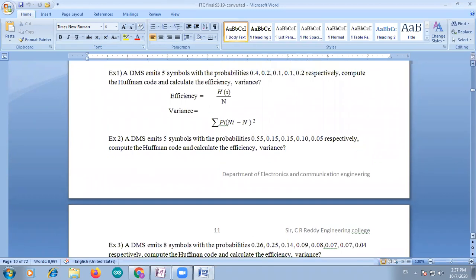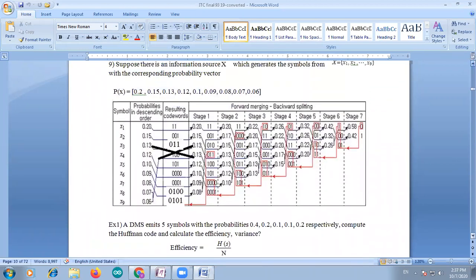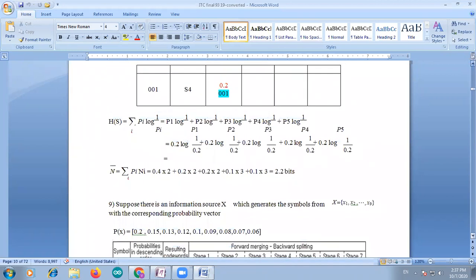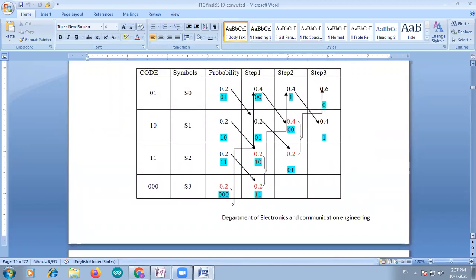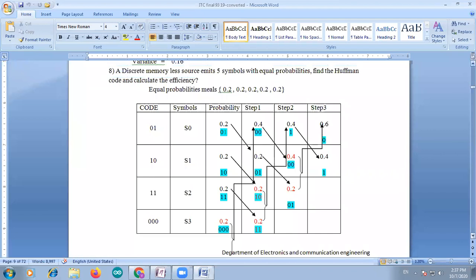You can expect one important question from the Huffman code and Shannon-Fano code. In the previous problem, a discrete memoryless source emits 5 symbols with equal probability. Find the Huffman code and calculate the efficiency. Let us see this example also.